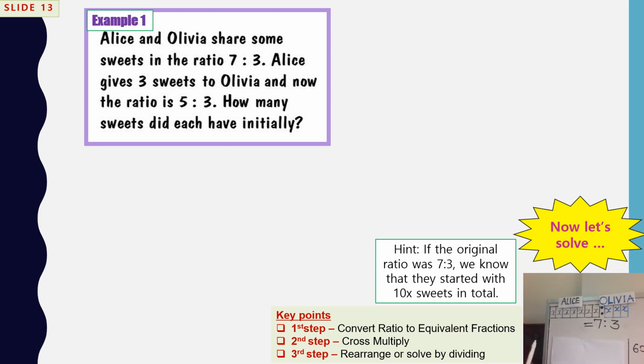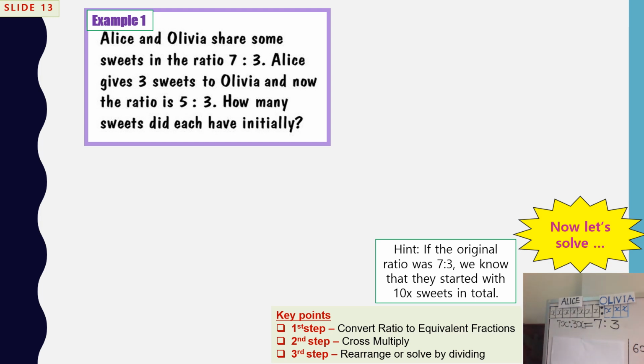So what I've done is to assign x number of sweets for each bar, meaning that Alice has now got 7x sweets in total, and Olivia 3x.